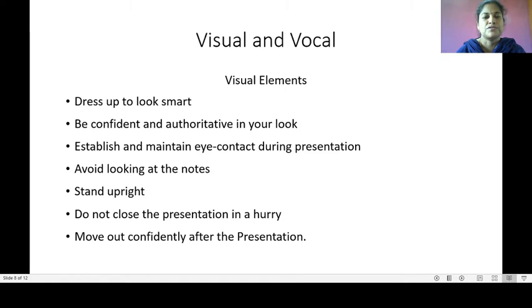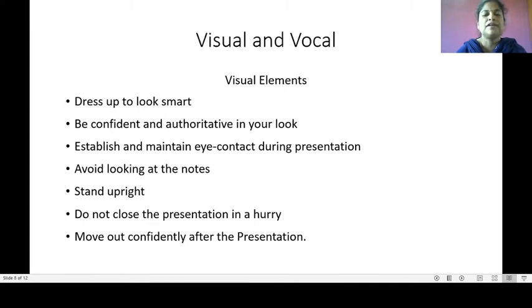First and foremost, the audience, before even you could talk, they notice the presenter. We come to a conclusion before even the person talks. As a student, we all have experienced this. As a teacher, all have experienced this, right?